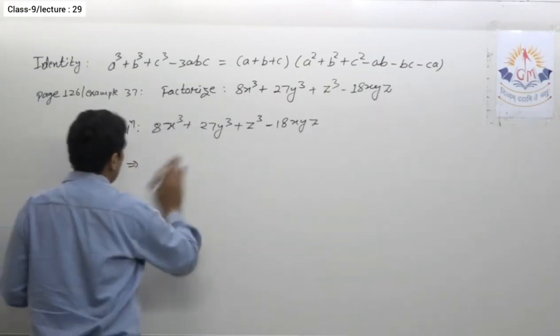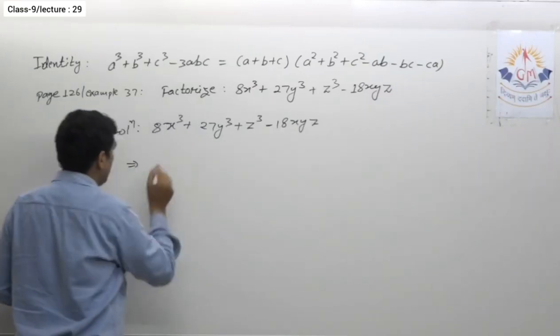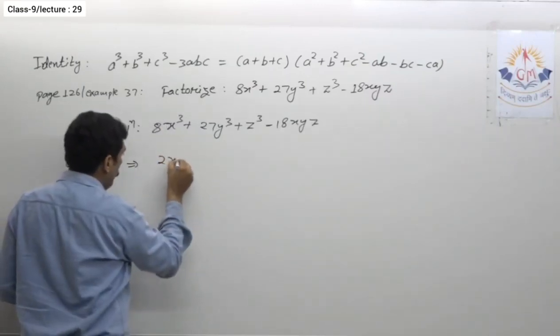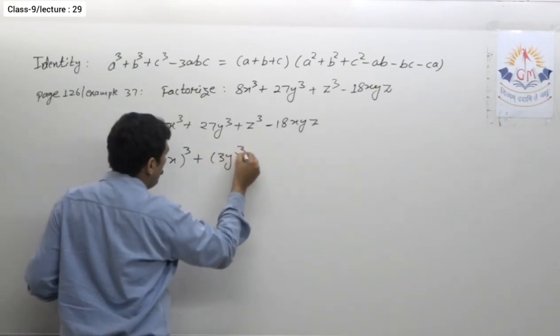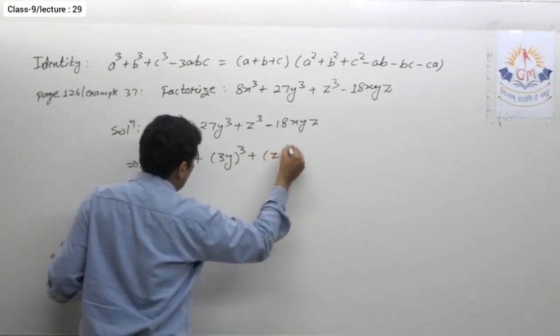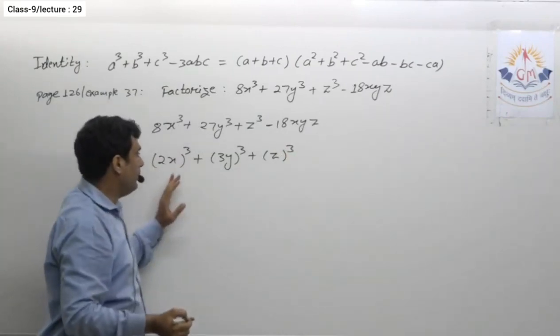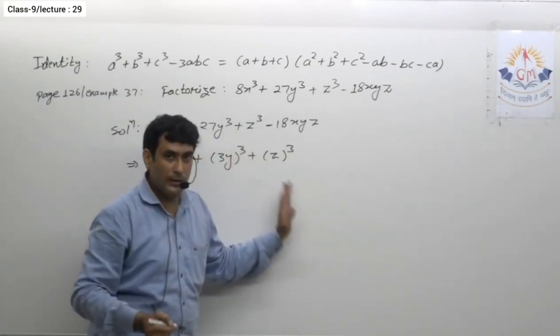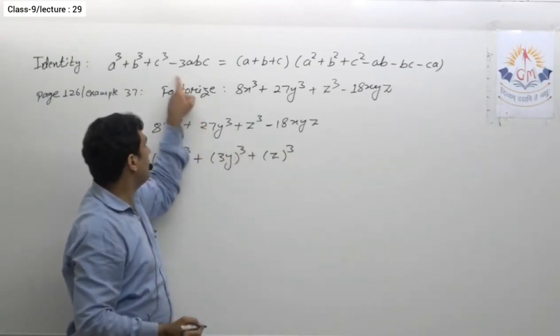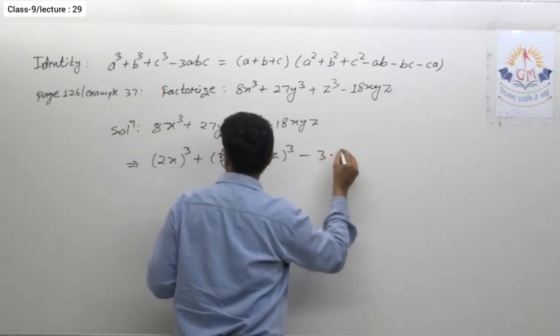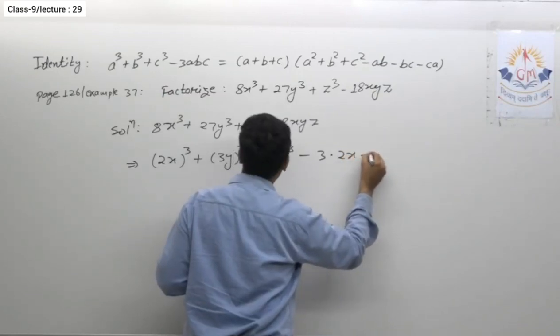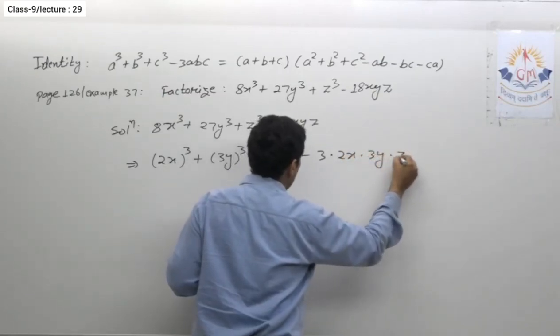If the answer is yes, then definitely we'll get the identity. So here I can write 2x whole cube plus 3y whole cube plus z whole cube. So this is a cube plus b cube plus c cube. Now according to the identity, the next term should be minus 3 into a into b into c.